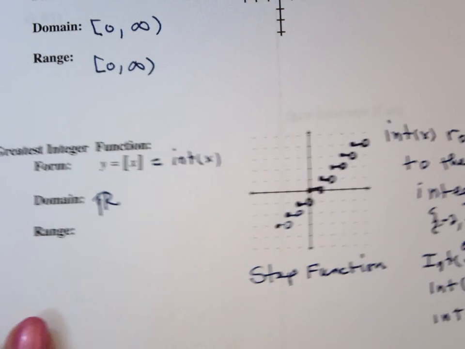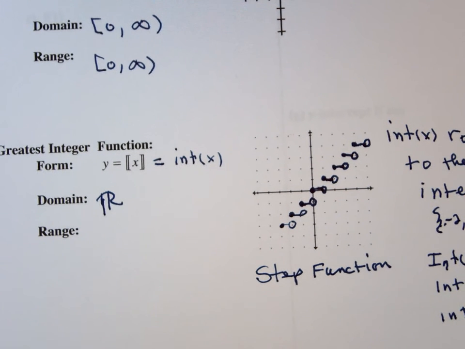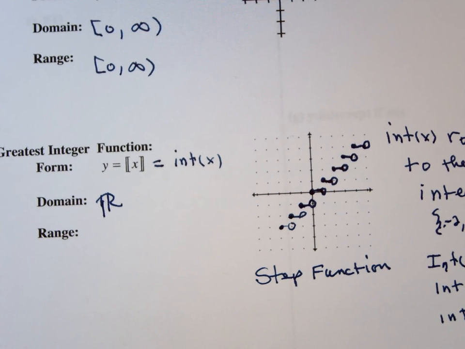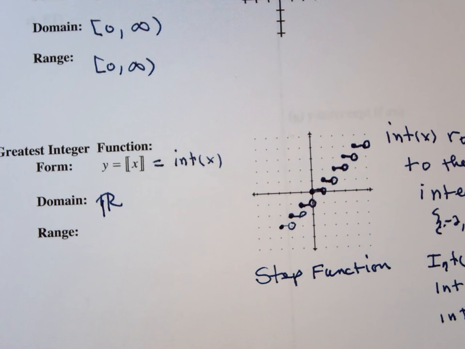Now, what's the range? No, it's not all real numbers. What's the only thing that y can be? It could be 1, 2, 3, 4, 5, 6, 7, 8. What are those called? Whole numbers. And if I go backwards, -1, -2, -3.